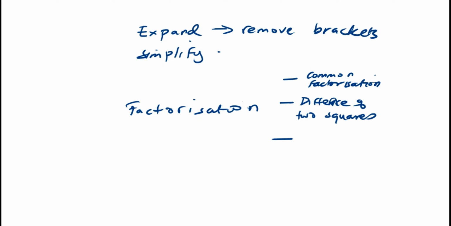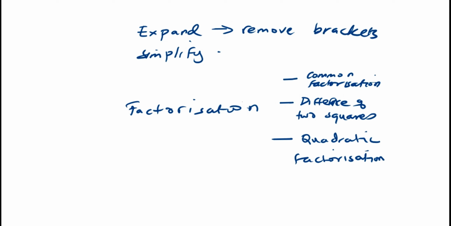Difference of two squares. We will look at them. And then quadratic factorization. Okay, now these three, you will definitely encounter them throughout your high school, secondary school maths lessons.